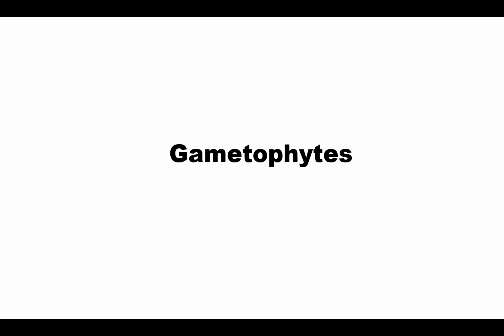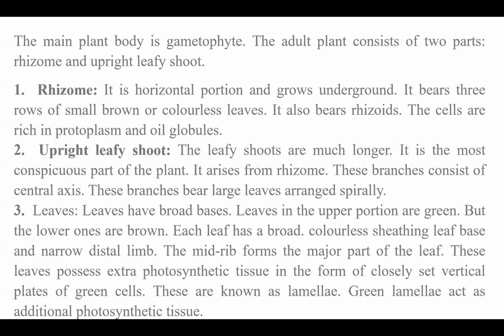The parts we are studying are the rhizome and the tiers of the rhizome. The rhizome is the underground, horizontal part that grows inside the soil. This is the external structure I'm describing. It bears 3 rows of small brown or colorless leaves.